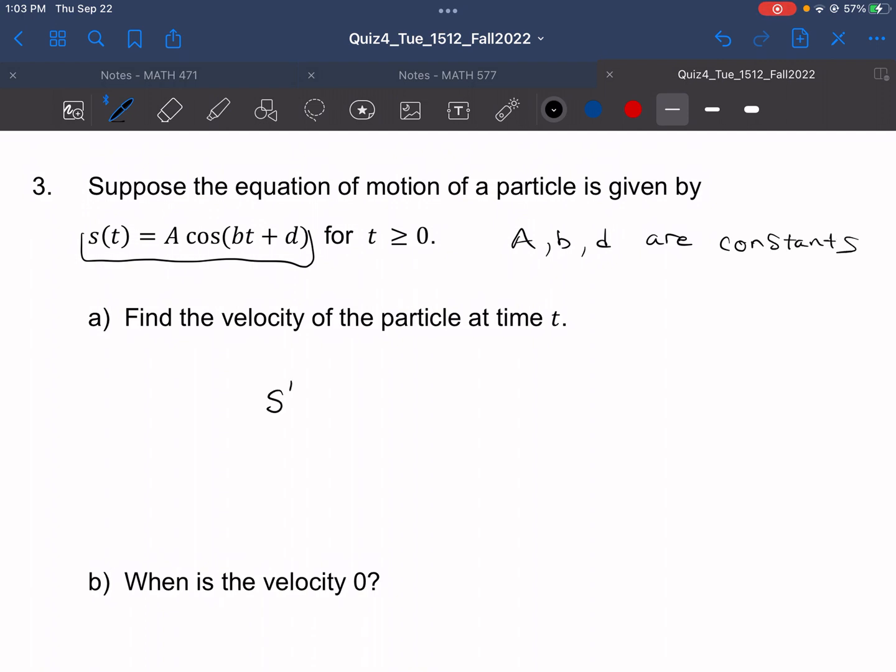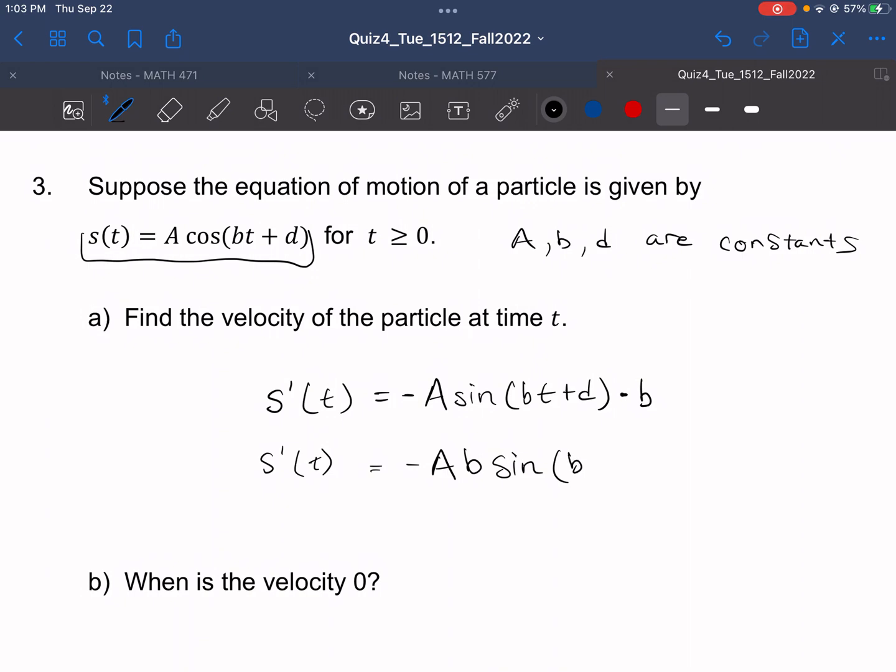We get s prime of t: the derivative of cosine, which would be negative a times sine of bt plus d. Now the derivative of the inside is just b. So we get s prime of t equals negative a b sine of bt plus d.